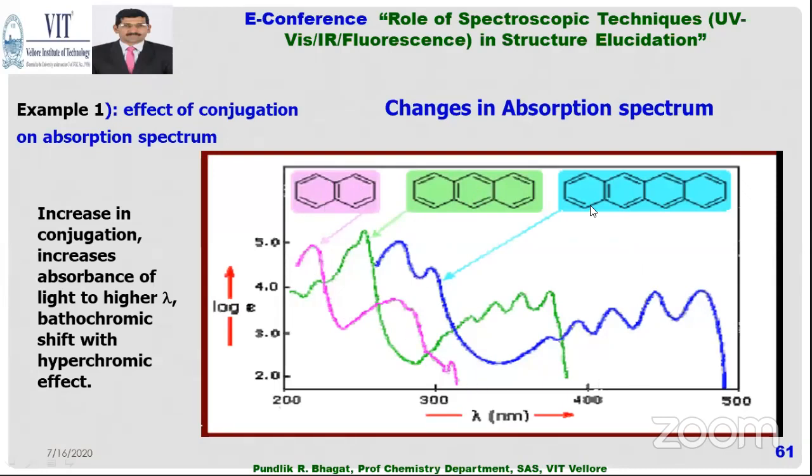As the number of conjugated moieties increases, the intensity of light absorbed in the visible region increases. Thus we can say that increasing conjugation increases absorption of light towards higher wavelength. That we call a bathochromic shift with hyperchromic effect.